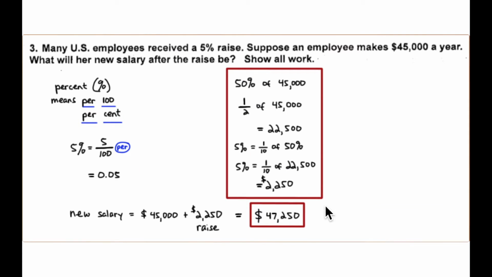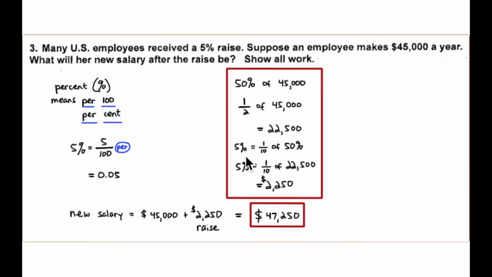All right, one more way to think about it. You might realize that 5% is 1/10 of 50%. And you might be able to see that 50% of 45,000, 1/2 of 45,000, is 22,500. Half of 44,000 is 22,000. Half of that remaining 1,000 would be 500.